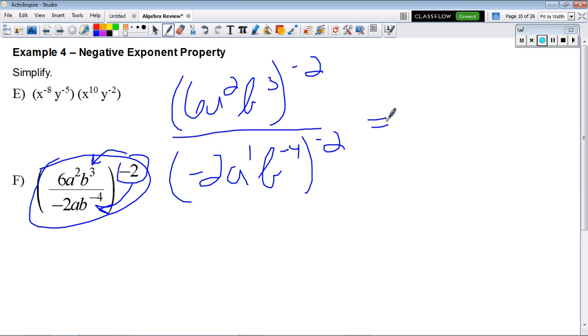So I have 6 to the negative 2. Let me just write this out here.